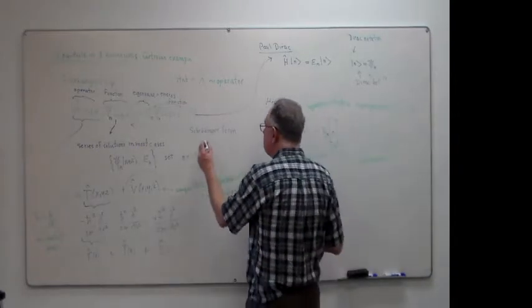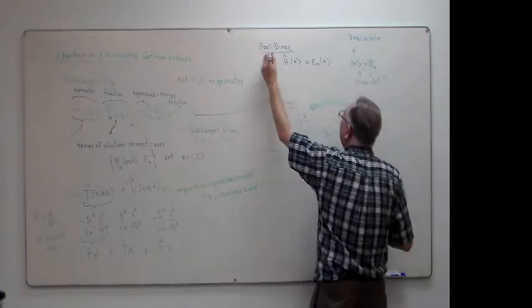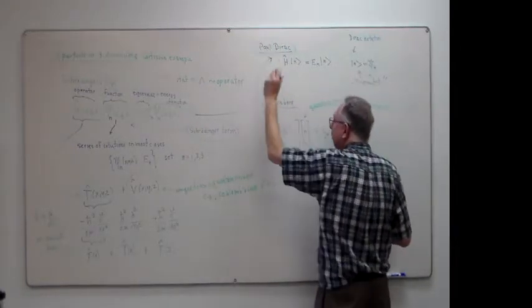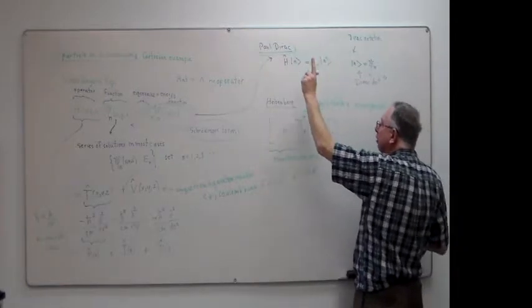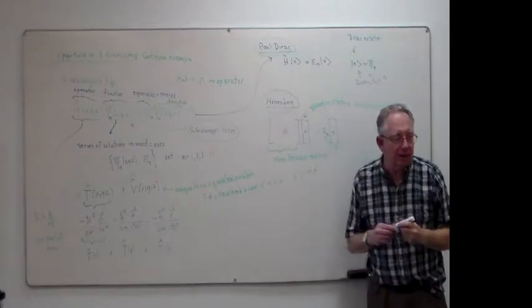So let's look at these three giant figures in the development of quantum mechanics: Schrödinger, Dirac, and Heisenberg.